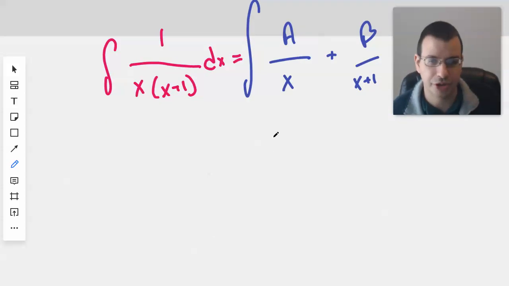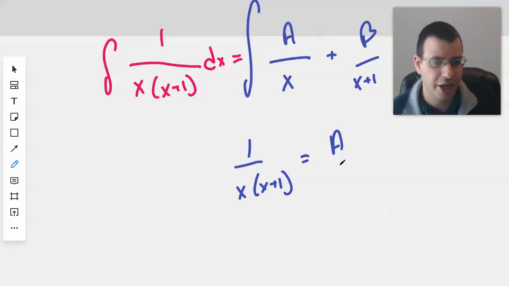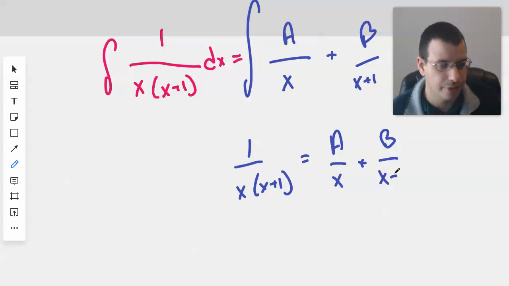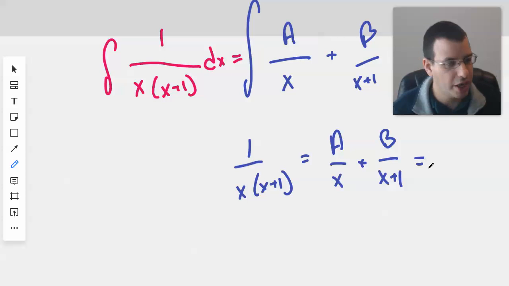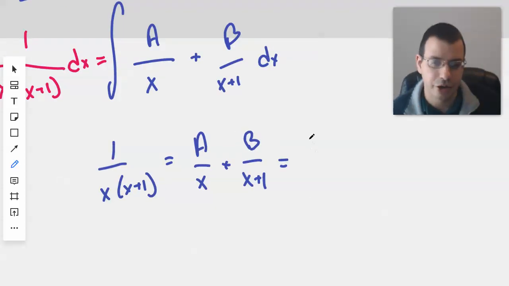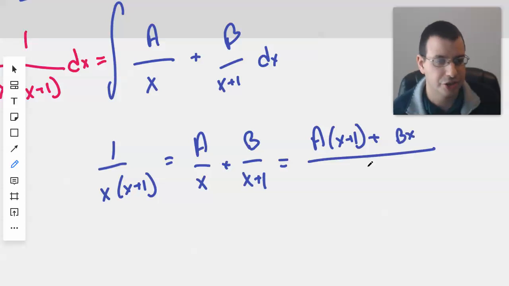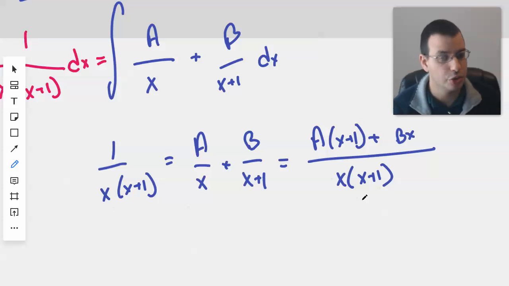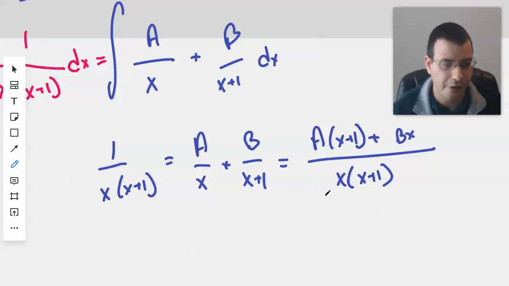The way I look at partial fractions, 1 over x times x plus 1 equals A over x plus B over x plus 1. Then I rewrite the second section as a combined denominator: A times x plus 1, plus Bx. This gives us a common denominator of x times x plus 1, so we're kind of going back to the beginning here.